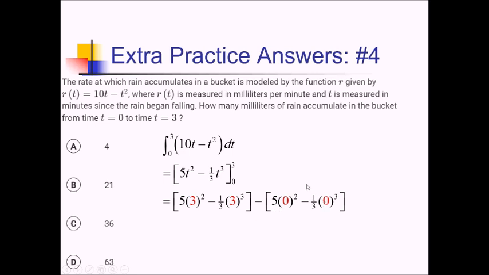Everything with a 0 is just gone. Over here we have 5 times 9, that's 45. And then we've got 1/3 times 27, which is just 9, so we're subtracting 9. That gives us a grand total of 36 milliliters of rain, which is going to be choice C.